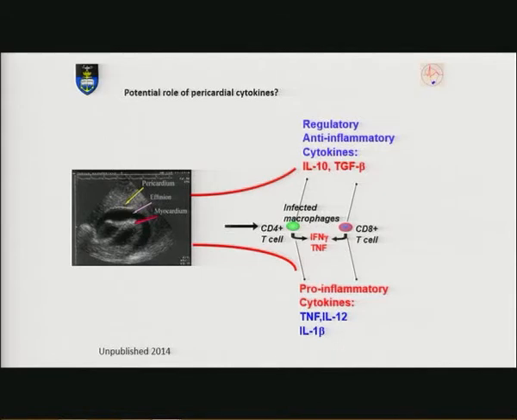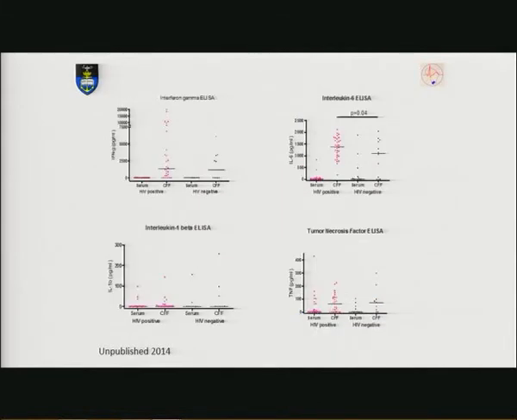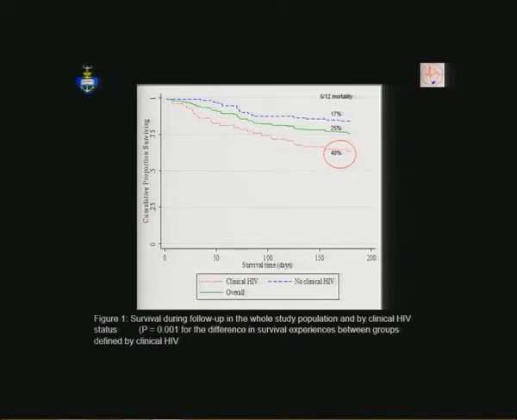And as this next cartoon shows, we were unable to find major differences between HIV and HIV negative across the cytokine panel. IL-6 looked a little bit different, but most importantly, when we stratified all of these differences by left ventricular ejection fraction to see if this accounted for the myopericarditis, we found no differences.